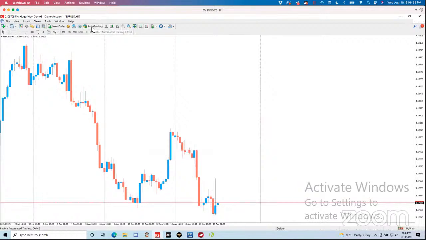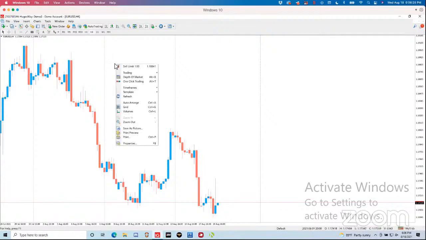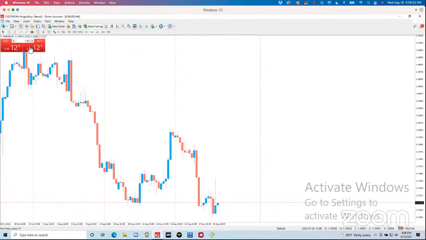Auto trading, you want to have that turned on as well. And then you can click on one-click trading from here and get your price window right here. You can market execute using these buy and sell options right here.